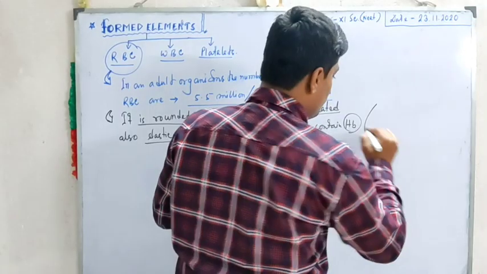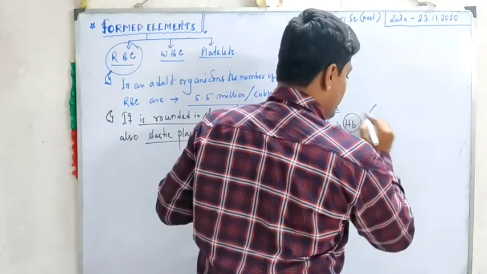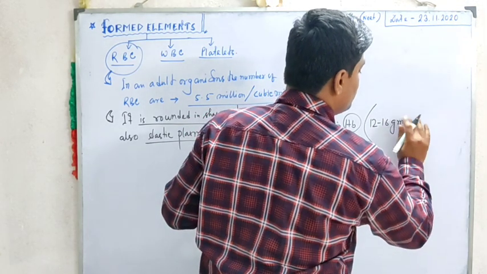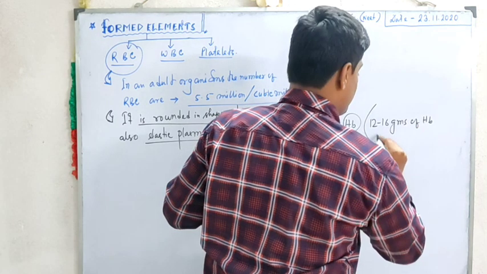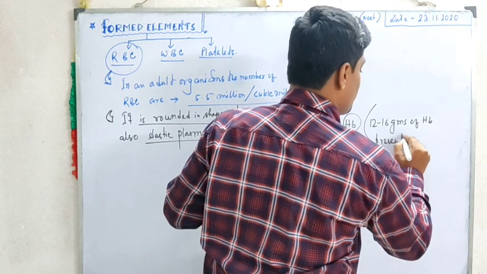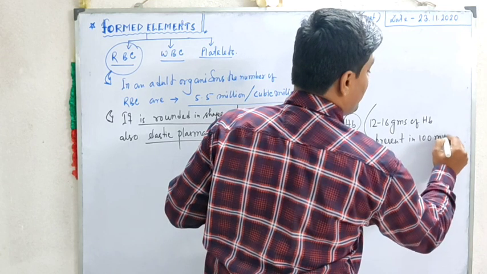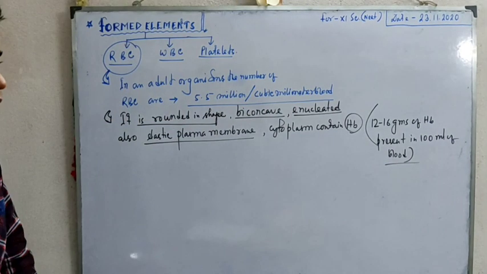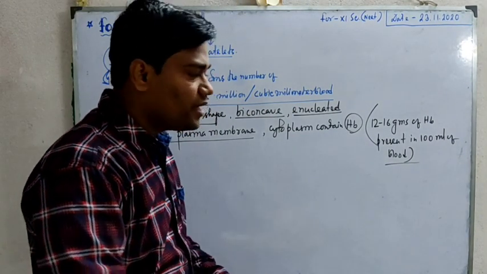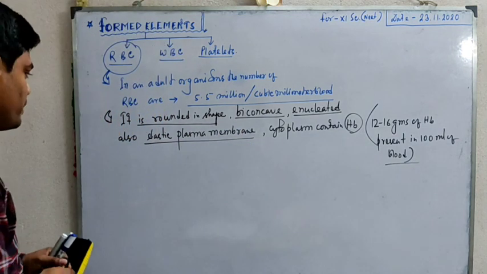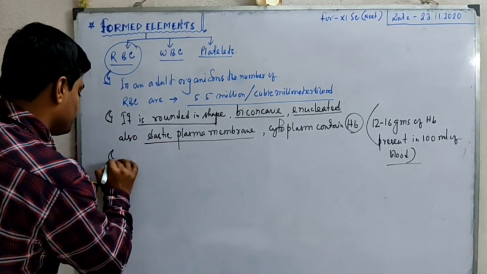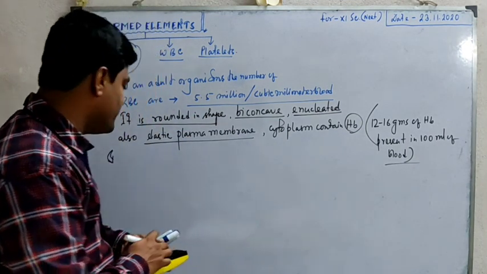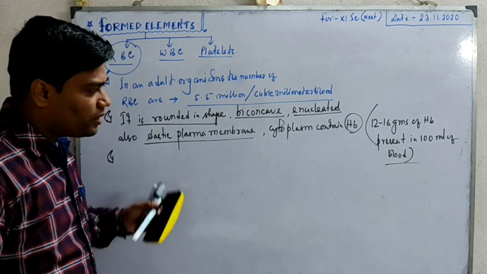For your kind note, in an adult, 12 to 16 grams of Hb is present in 100 ml of blood. Approximately 12 to 16 grams of Hb in 100 ml of blood. Clear? Next, we are studying structure: it is rounded in shape, biconcave and enucleated, also with an elastic plasma membrane.